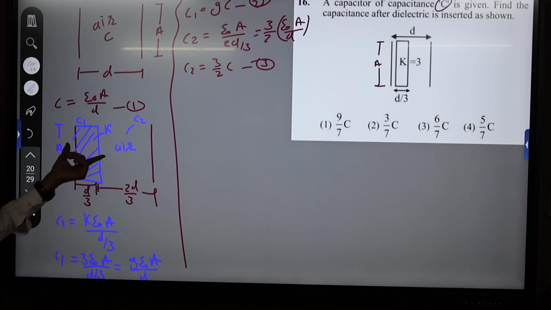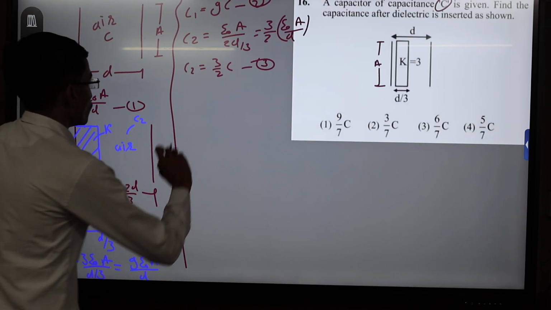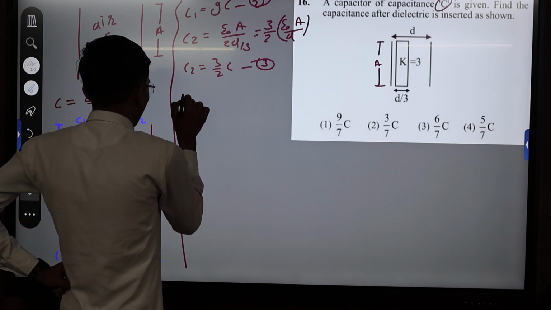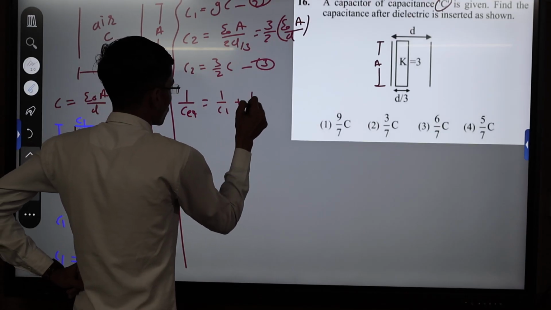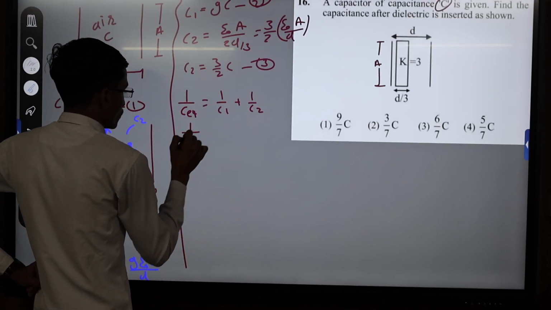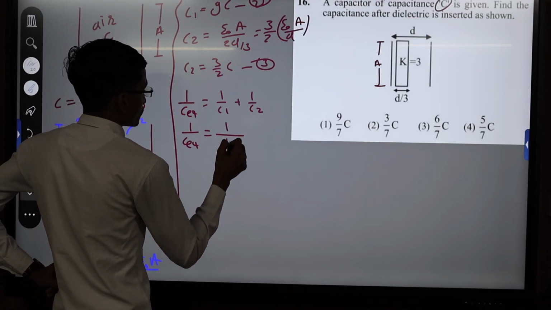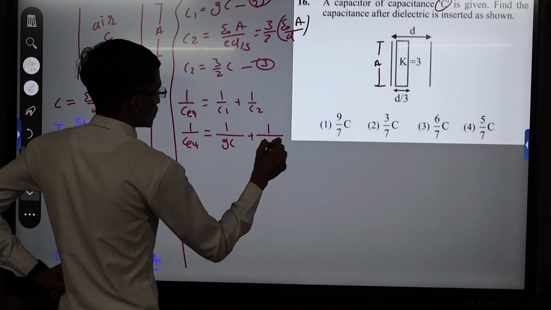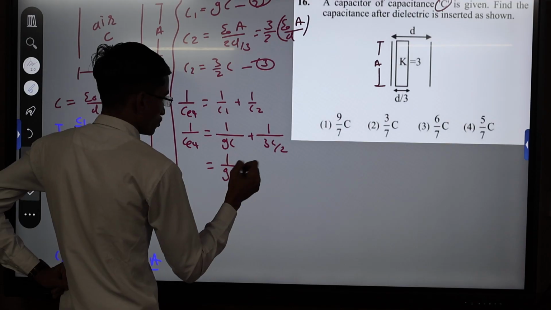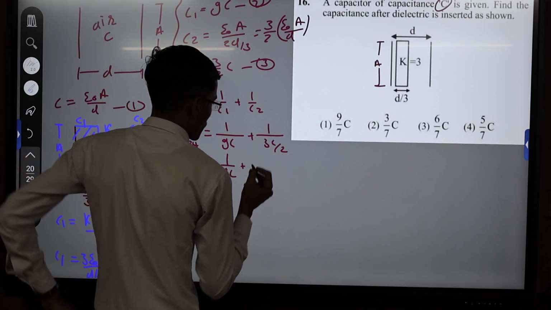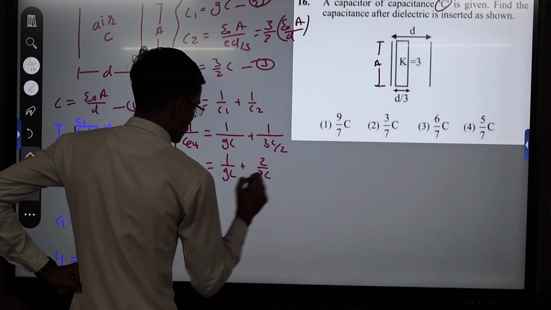Now, from the diagram, C1 and C2 are connected in series. So we have the formula of series combination: 1 upon C equivalent is equal to 1 upon C1 plus 1 upon C2. So 1 upon C equivalent is equal to 1 upon 9C plus 2 upon 3C, since C1 is 9C and C2 is 3C by 2, and the 2 goes to the numerator.